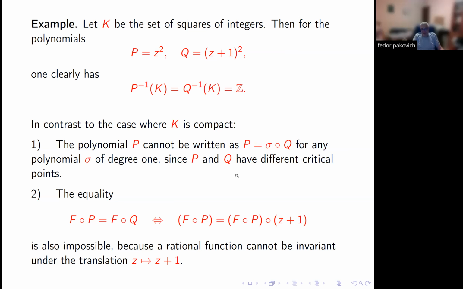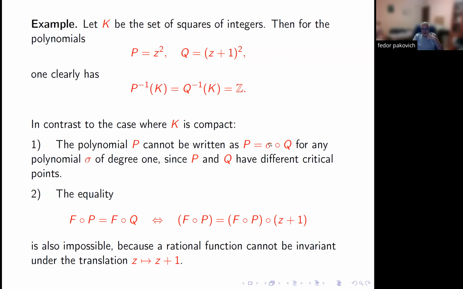As you remember, for polynomials, we expected that if they have the same degree, it should be something like P equals some polynomial of degree 1 of Q. But we can see that now it's not the case, just because, for example, these two polynomials have different critical points.